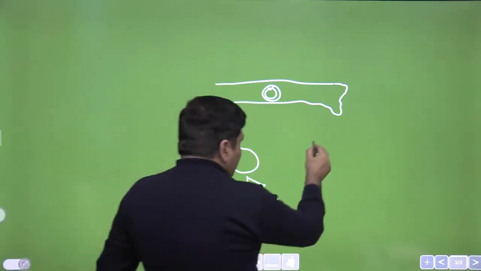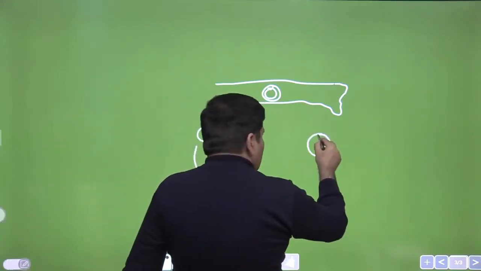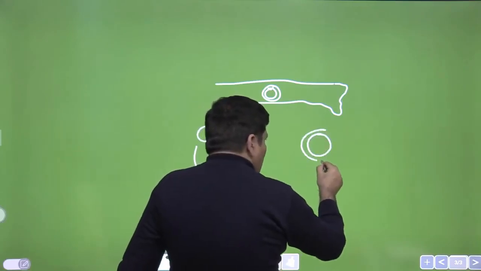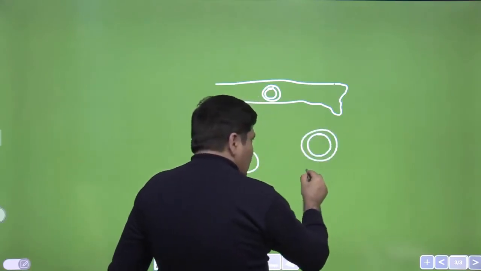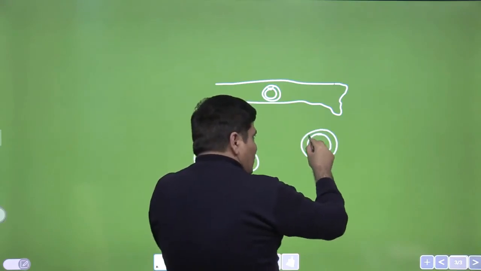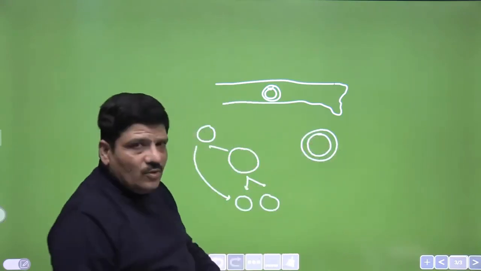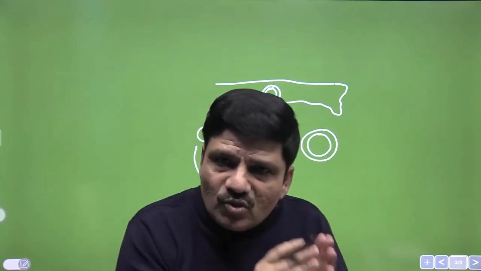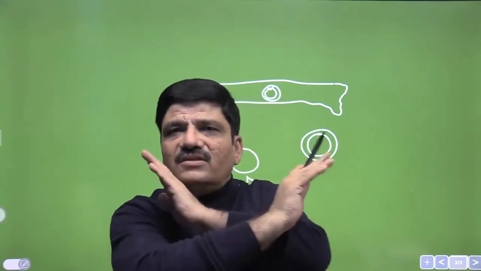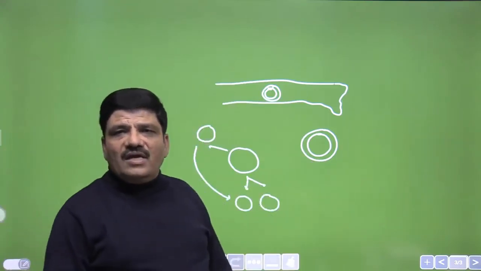But what is happening here is that this zygote, which is now a diploid cell, will undergo mitosis, but this thing is surrounded by a tough zona pellucida, and till the time zona pellucida persists, the size cannot increase, the overall growth in the structure cannot occur.